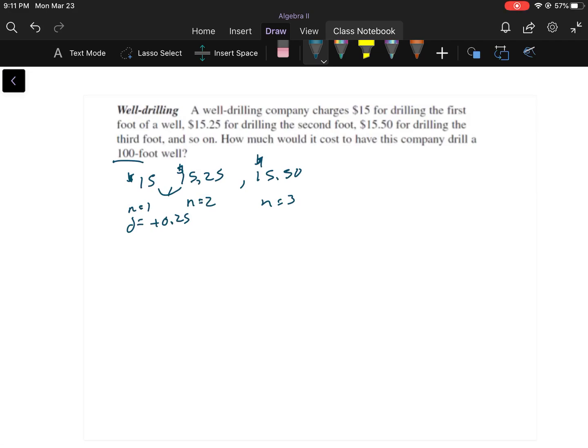Not that that's going to do much, except I need to know the 100th spot. Go backwards, that would give me 14.75, I believe, and 0.25 times n. So let's go ahead and find out the 100th number.